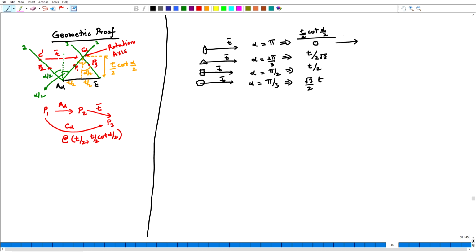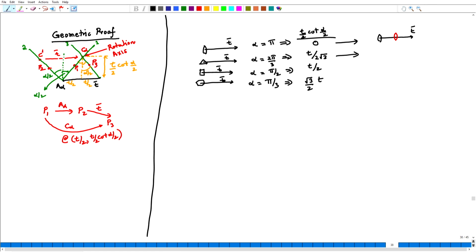So, when it is a 2-fold, so I have a 2-fold and a translation. The coordinates of the second 2-fold should be on the translation vector itself at the midpoint. So, this is the second 2-fold that gets generated.